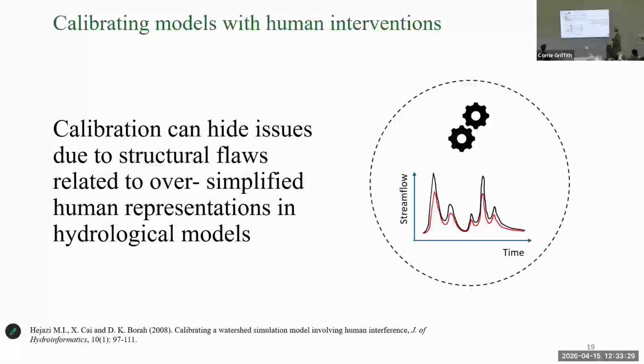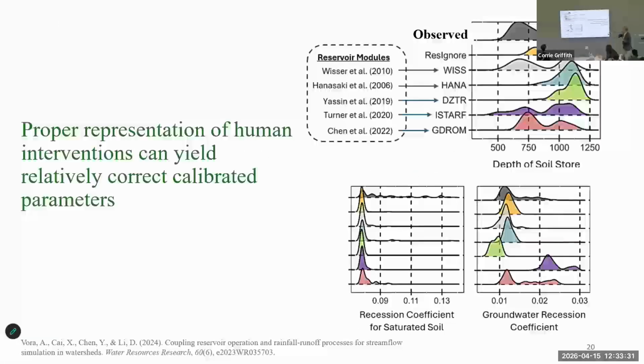So now I give you an example. This is with a watershed model. Here we try to compare our GDRAM model with other popular reservoir representations used in global hydrological models and also national models.